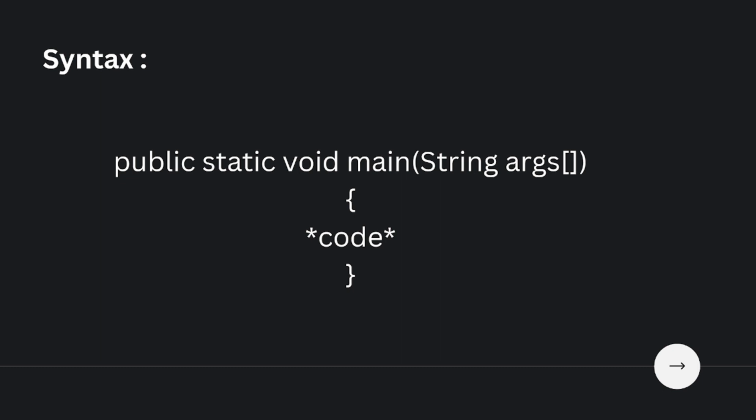And then args, that stands for arguments. And then we use two braces, the block bracket. We start a block with curly braces and we end it with curly braces. And all the code that has to be executed is written inside this block. This is our main method. This is where the program starts and ends.